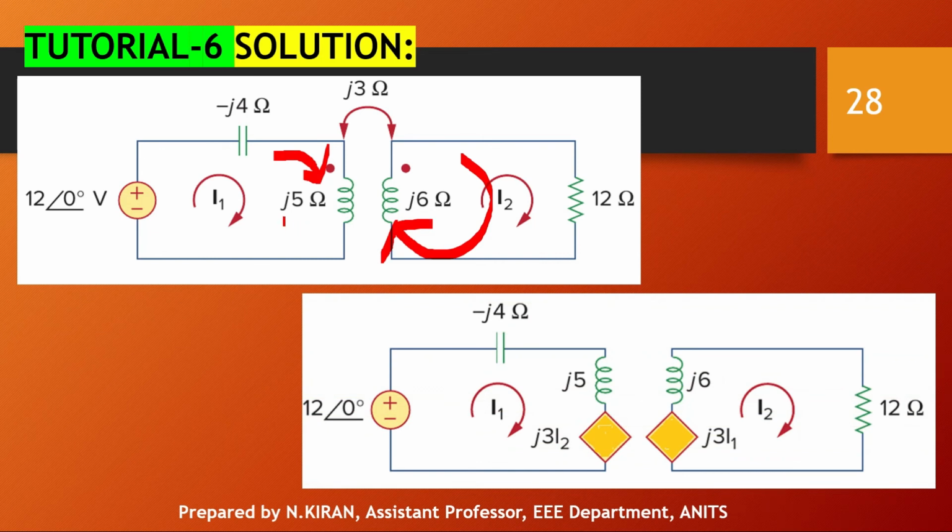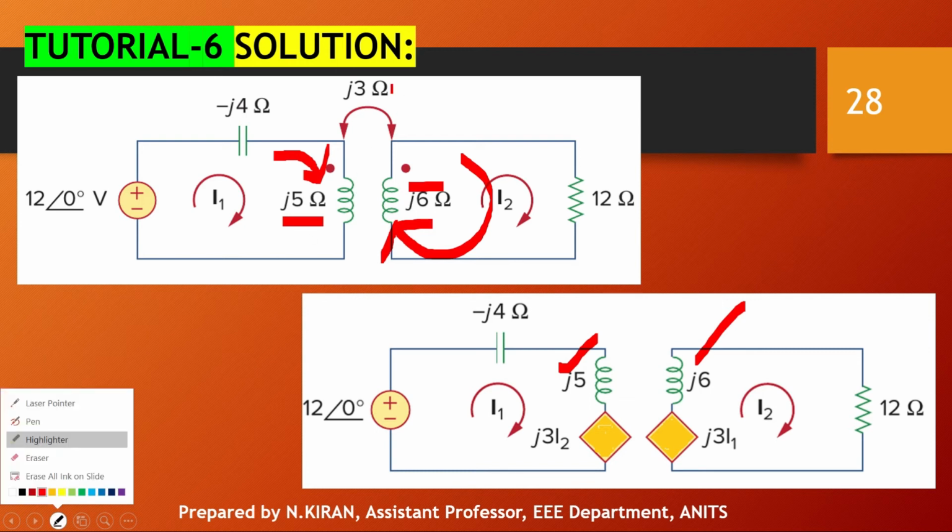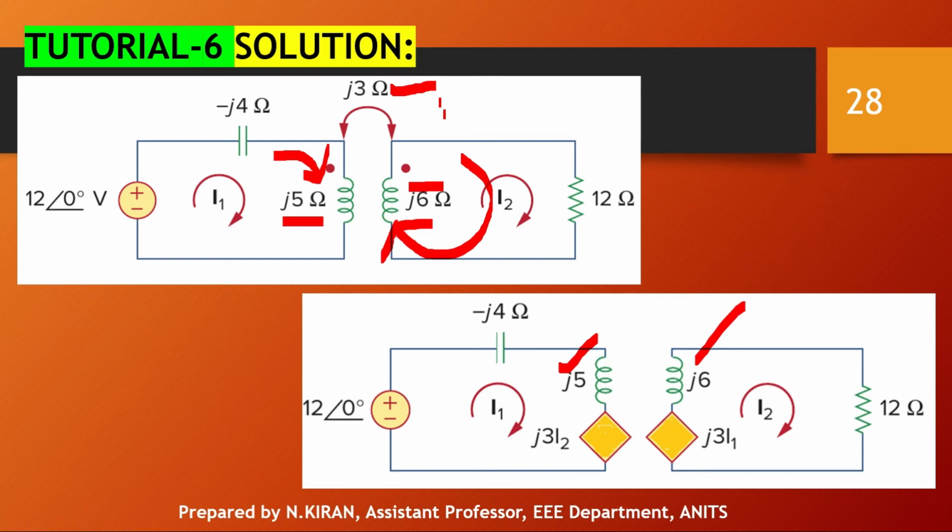Okay, so here self-inductance is j5 ohms for the first coil, and the second coil self-inductance is j6 ohms, which is represented here. The dependent source indicates the mutually induced EMF. The mutually induced EMF will be nothing but, your M value is given as j3 ohms.